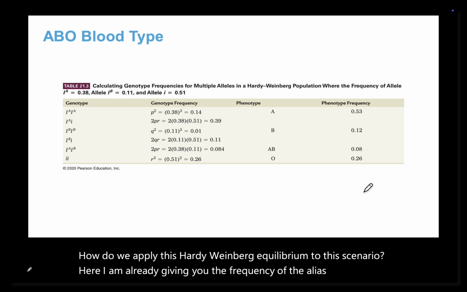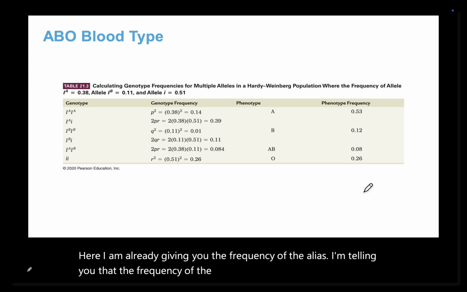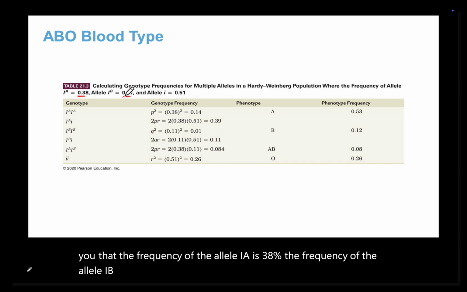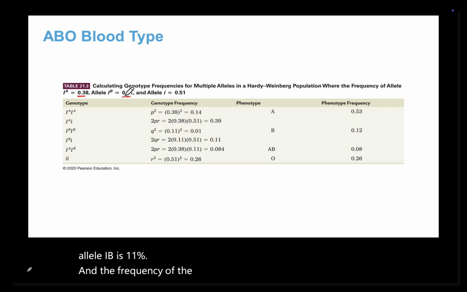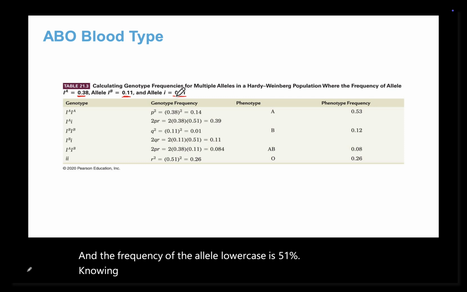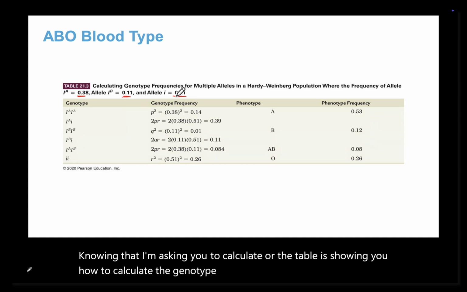I'm telling you that the frequency of the allele IA is 38%, the frequency of the allele IB is 11%, and the frequency of the allele lowercase i is 51%. Knowing that, I'm asking you to calculate, or the table is showing you how to calculate the genotype frequency for each one of these genotypes.